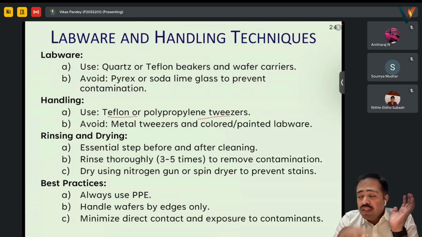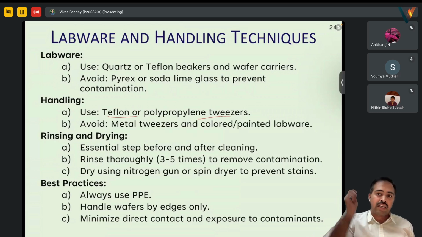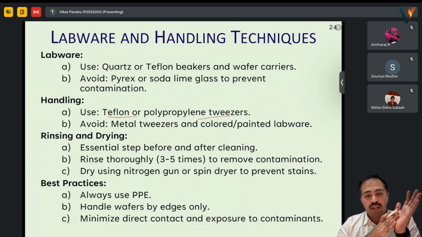In all the steps you have seen, there is one very important thing, that is rinsing and drying. Whatever step you are doing, after that you have to put the wafer in DI water, because water is the actual cleaning agent. Then it is dried using very pure nitrogen to remove the water sticking to it.